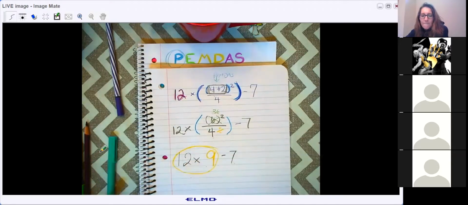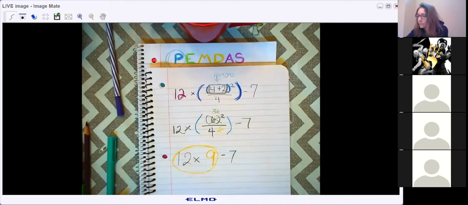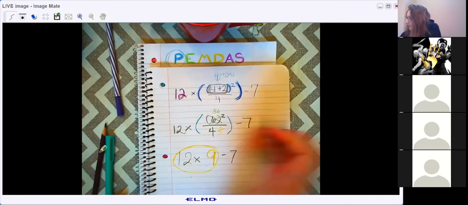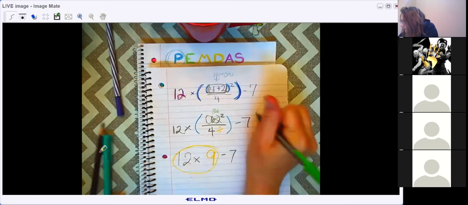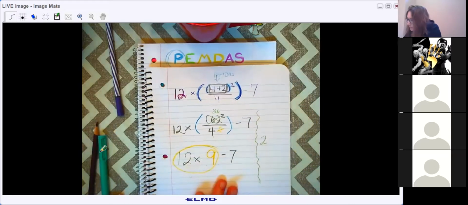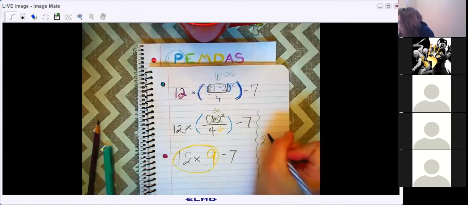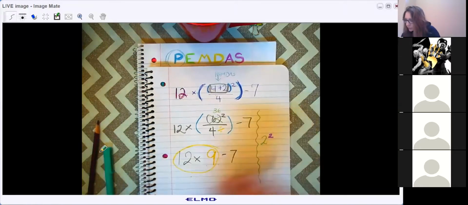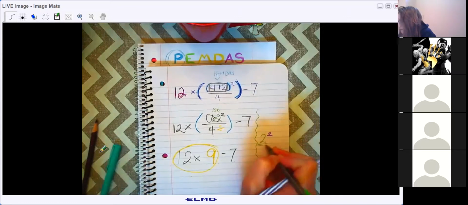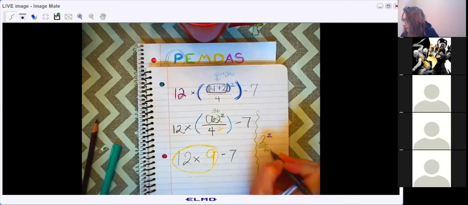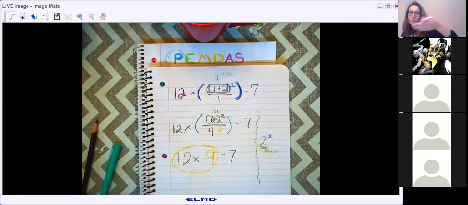Yes, Lily. I'm confused on squared and cubed. Is it basically the same as doing, so 2 squared, is it just 2 times 2? That's a great question. So I'm going to do a little side note here. So 2 squared, this 2, the green 2, that's my base. And the base is the number that gets repeated through the multiplication process.